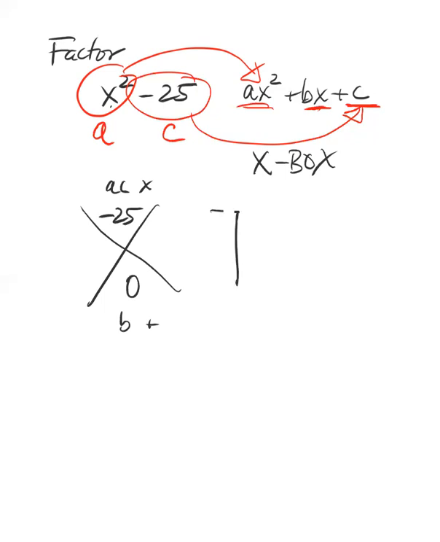Now, I need two numbers that multiply to get me negative 25, but add up and get me 0. So whatever these two numbers I choose, they have to be the same number. One has to be positive, one has to be negative. That's the only way we're going to get this 0 on the bottom. And what times what gets us 25? It is positive and negative 5.